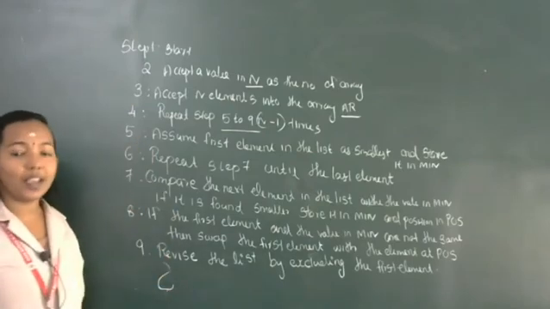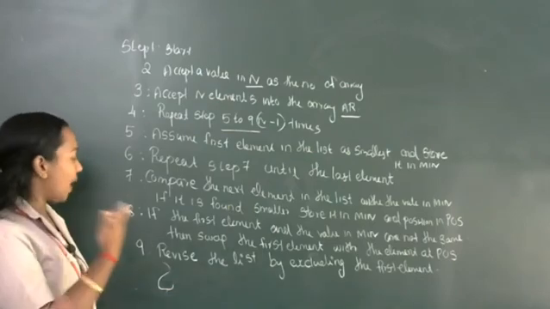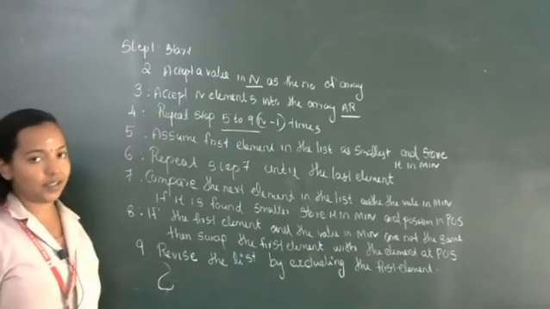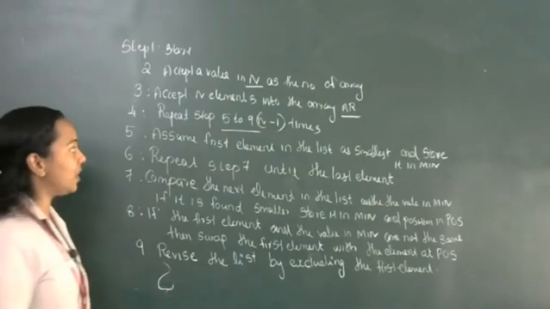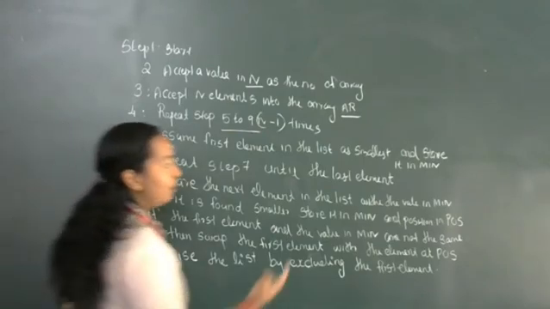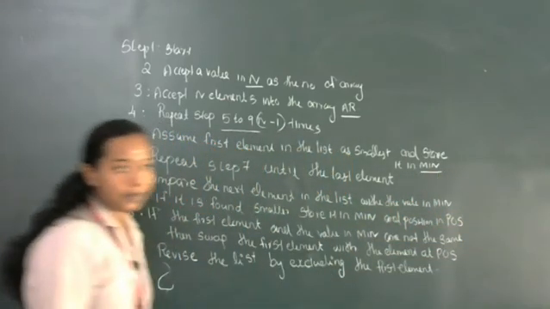How many times? n minus 1 times. So these steps 5 to 9 indicate the number of passes we are executing. After that, we assume the first element as the minimum element and store it in a variable called min.